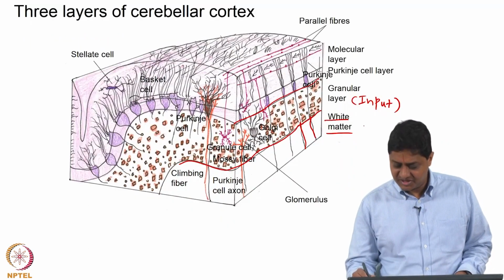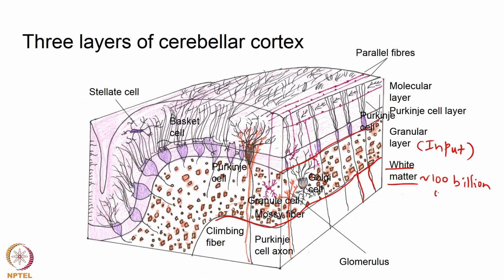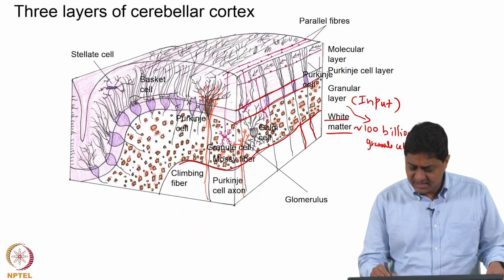We mentioned in the previous class, this is about 100 billion granule cells. That is a lot of cells. The layer is called granular layer because it contains a large number of granule cells.